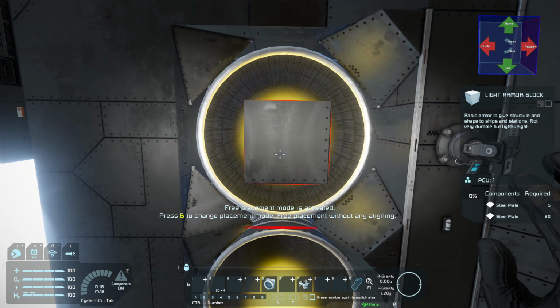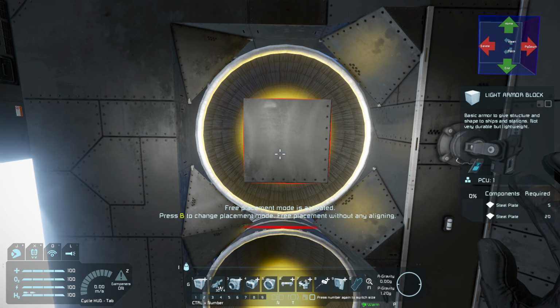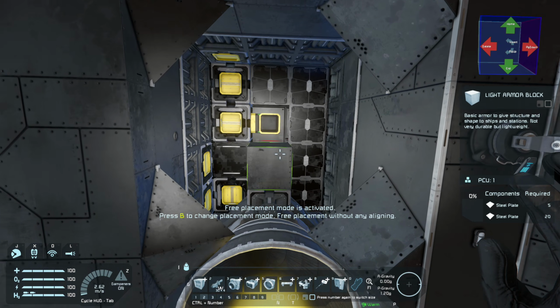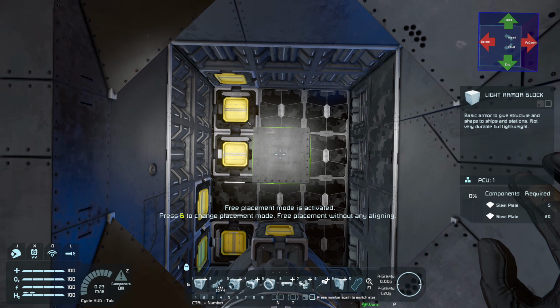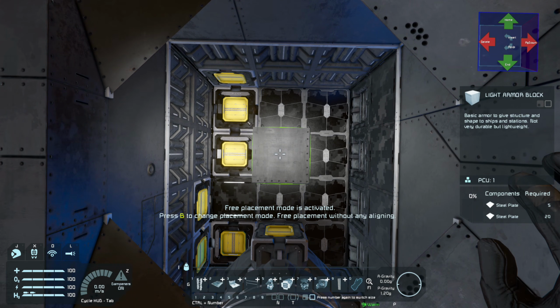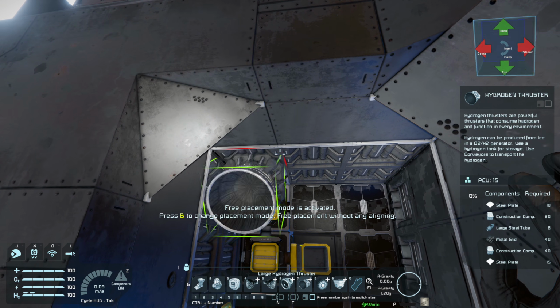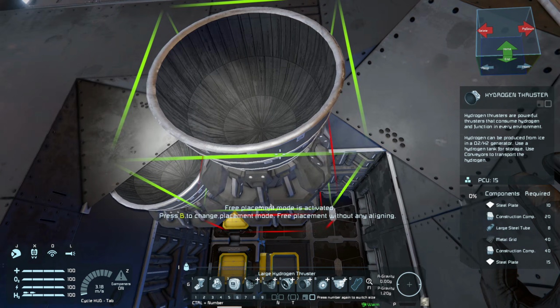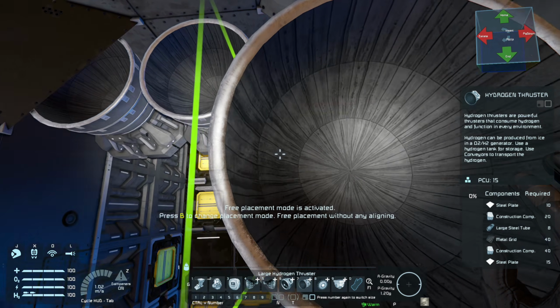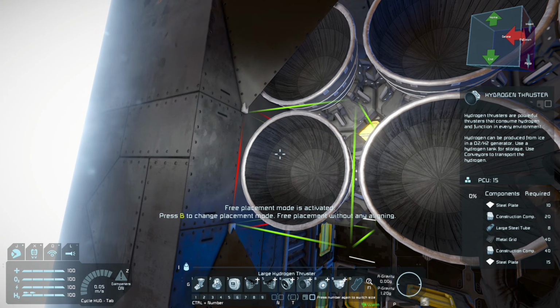Now if I was to get rid of this large thruster, for example, so let's just say we delete that, and then we come in here and replace that thruster with a whole bunch of small hydrogen thrusters. Where are they? Here they are. So we'll grab a whole bunch of small hydrogen thrusters, and we'll just place them all here like this.